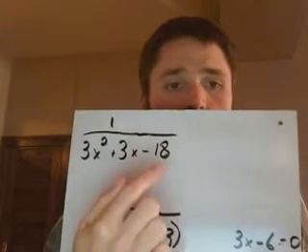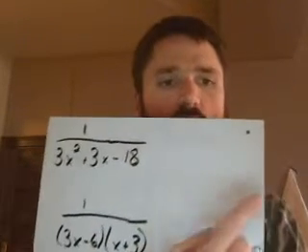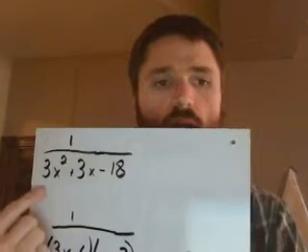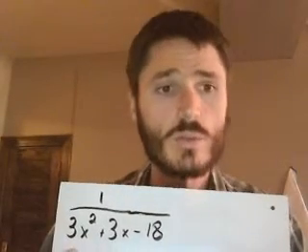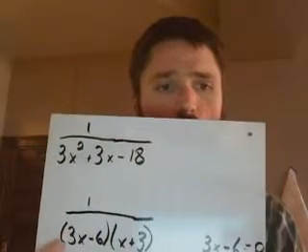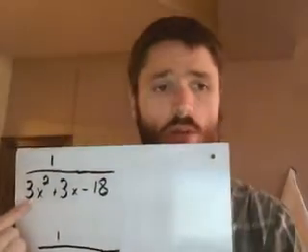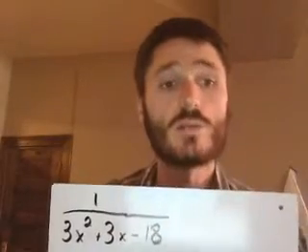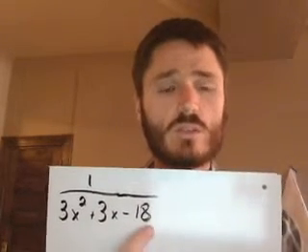Now, how did I go from this step to this step? Well, it's a little complicated. First I looked at the 3x squared and thought, what 2 things, when multiplied together, give you 3x squared? I knew that 3x times another x is 3x squared. Then I thought, what 2 things, when multiplied together, give you negative 18?